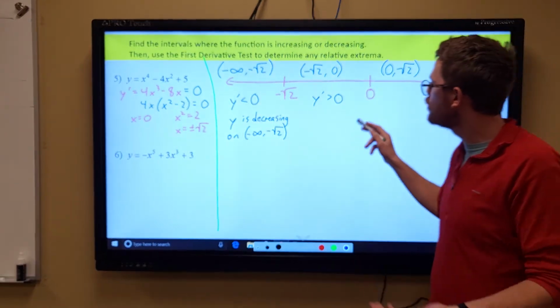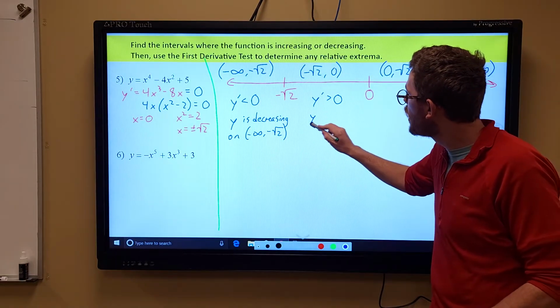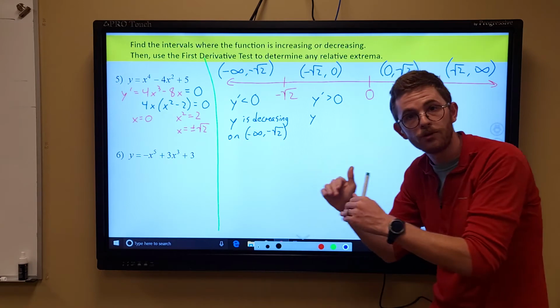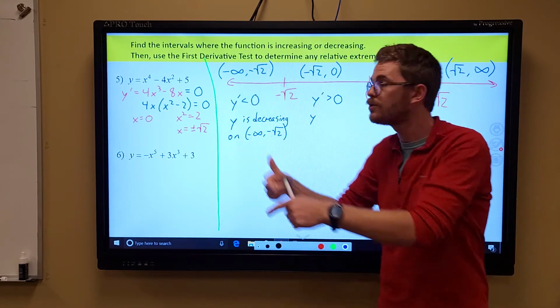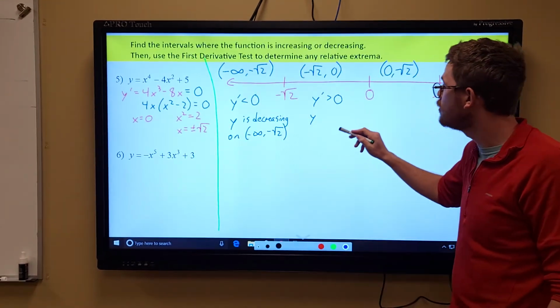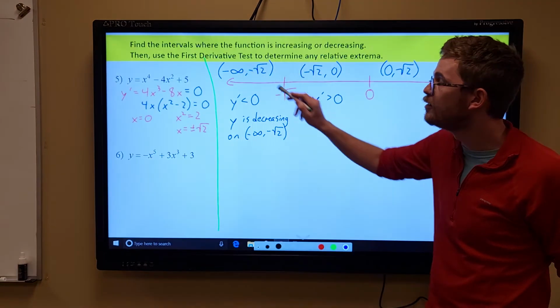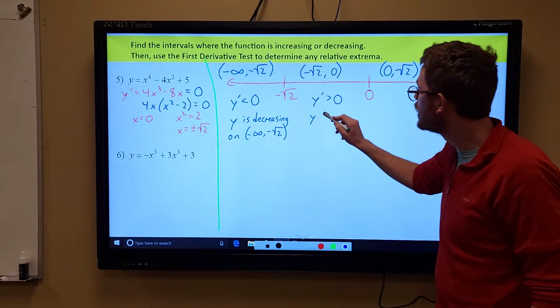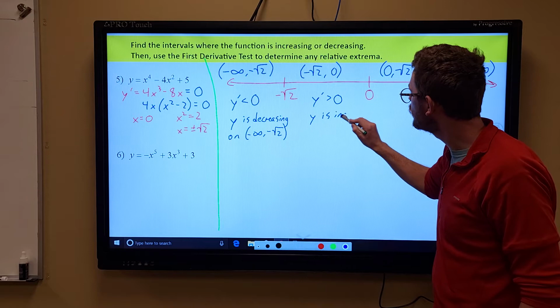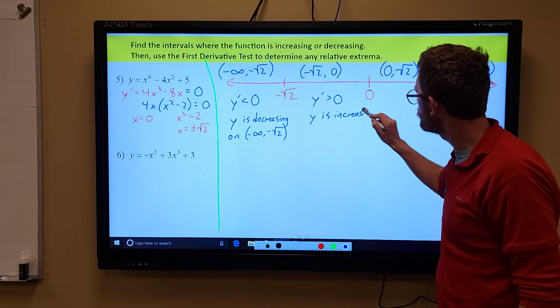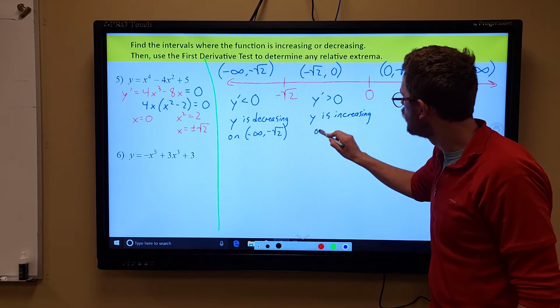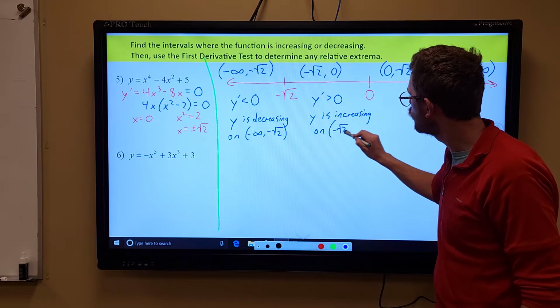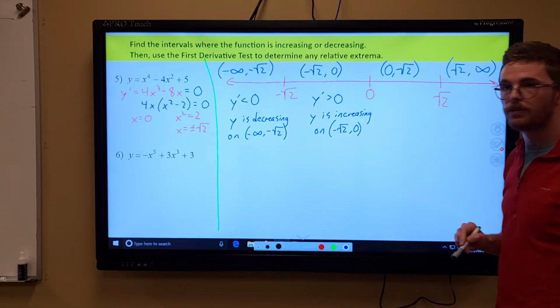And because the first derivative tells us our slopes are positive, the original function is increasing on the interval from the negative square root of 2 to 0.